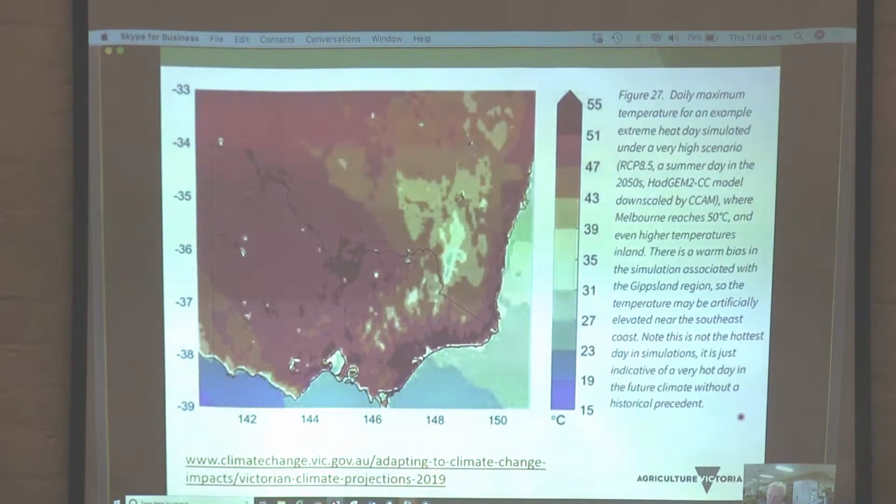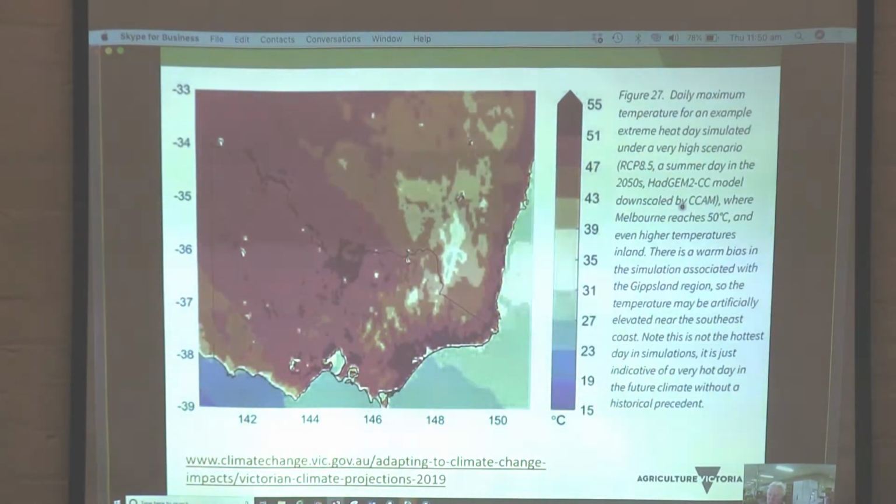We know certainly wind's a really key one, and I just look at this new modelling for Victoria, where I've taken one image out of it, just as an example of what happens if we don't get our act together on reducing emissions. It's basically a weather scenario, maximum temperatures for an extreme heat day under a high emission scenario. So that's if we keep emissions high.